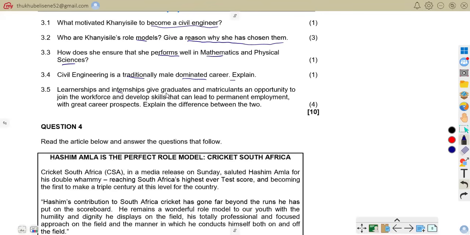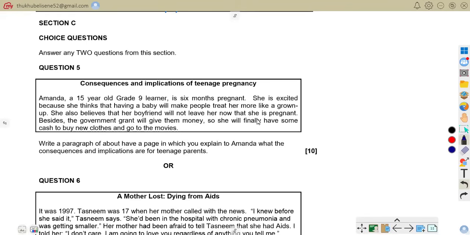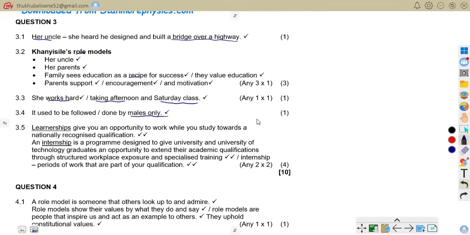Learnerships and internships give graduates and matriculants an opportunity to join the workforce and develop the skills that can lead to permanent employment, with great career prospects. Explain the difference between a learnership and an internship. Learnerships give you the opportunity to work while you study towards a nationally recognized qualification. You do it while you are working.